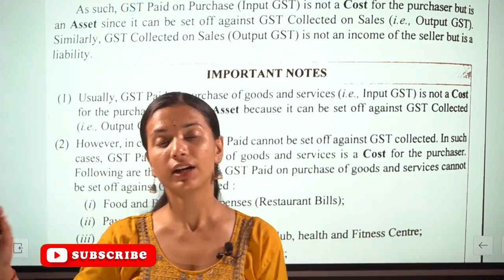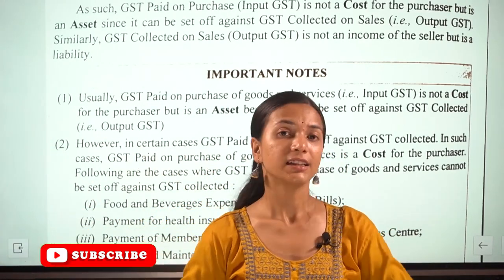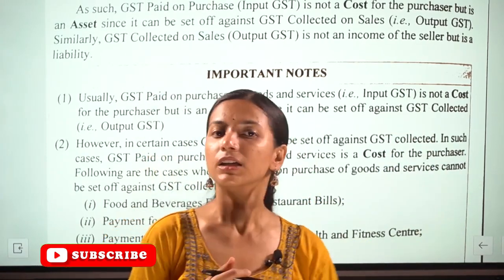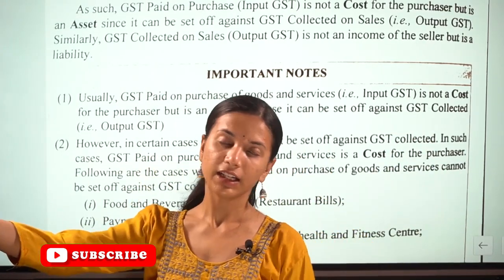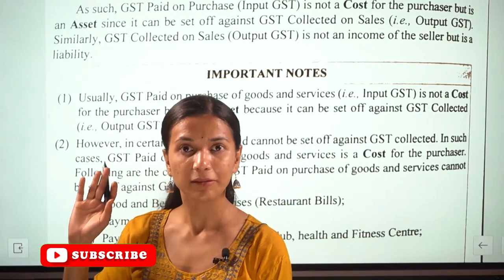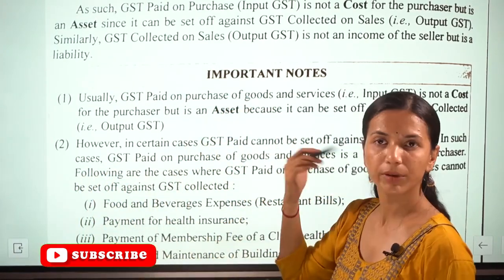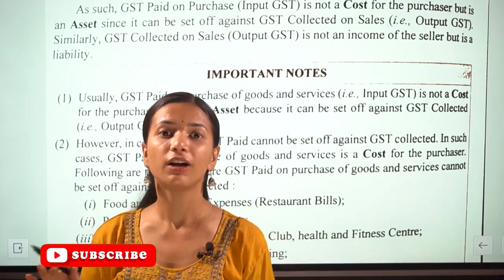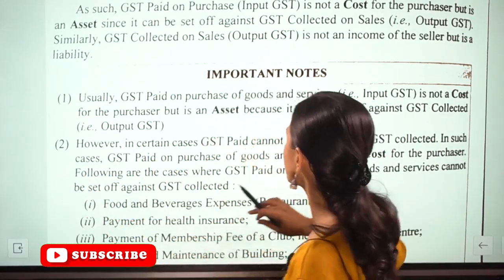GST on sale you are getting from another person, and GST on purchase you are paying. So that is your money, that is your asset, and what you are getting from someone else is your liability. So GST on purchase is an asset and GST on sale is a liability. You have to remember this.